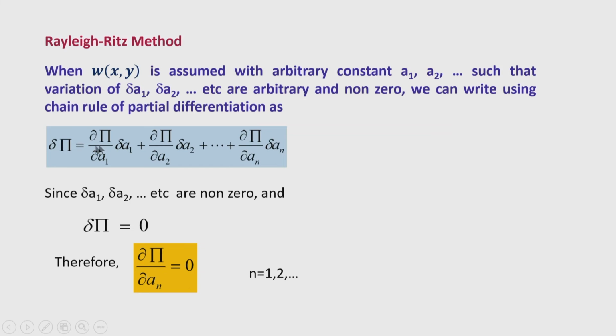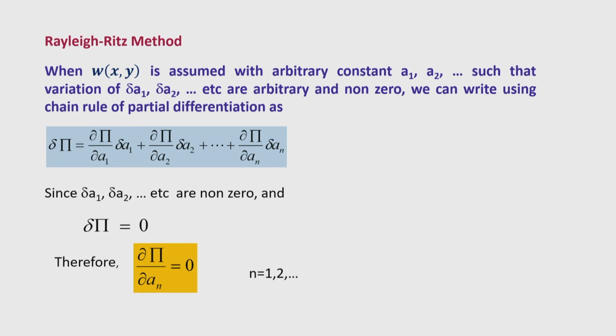So, using the chain rule of partial differentiation, we can now express delta pi equal to del pi by del a1, mind that this is the partial differentiation, but delta is the variational quantity, into delta a1 plus del pi by del a2 plus, like that it will go up to the nth term, where delta a1, delta a2 etcetera are arbitrary and non-zero constants.